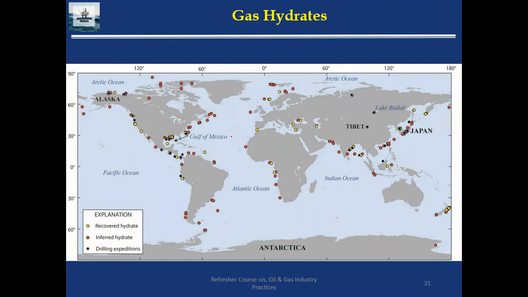Just by looking at the map, hardly any place has them. Definitely on this side you're not having any. That means we need certain operating conditions: a low temperature as well as a high pressure, right? That is the condition for the existence and formation of hydrates.